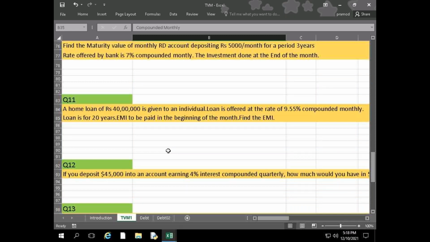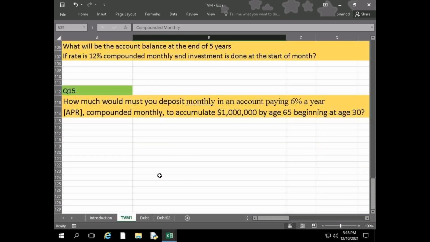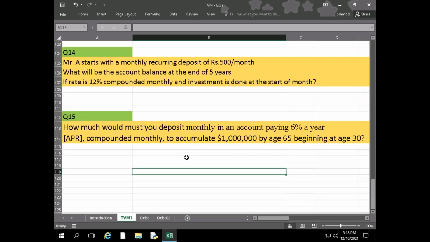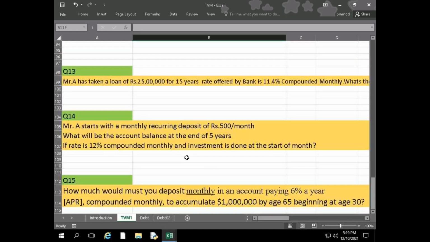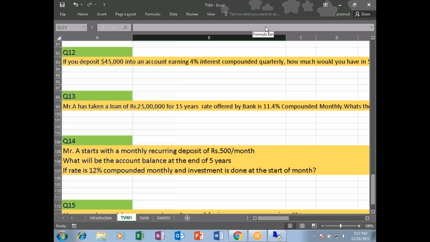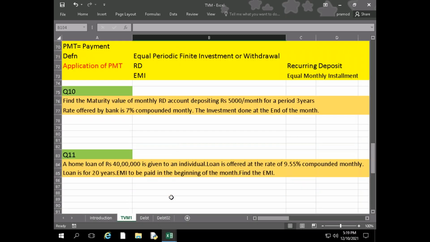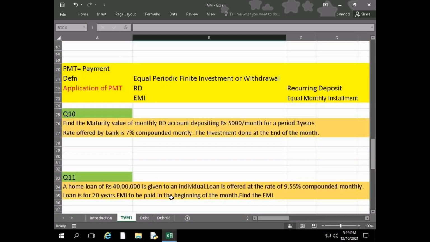Sir, is that question necessary, sir? Sir, everything is confusing. Yes, actually financial modeling is confusing. Because we need different cases, with one it will be different, with another it will be different. Correct, what it requires is practice.